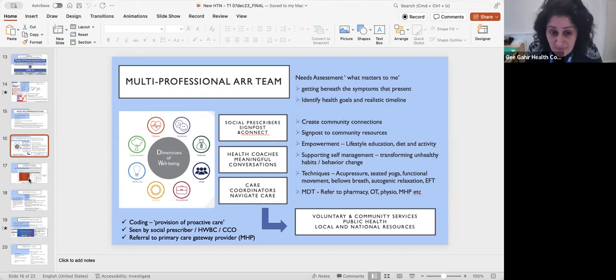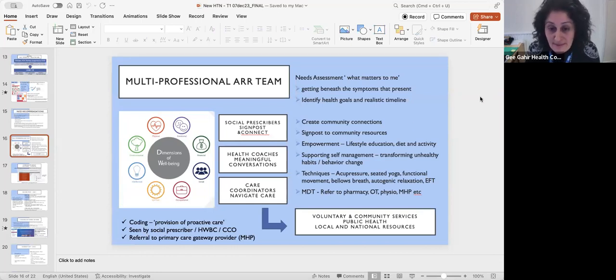Social prescribers generally signpost and connect the patient to community resources they require. That could be housing, financial assistance, isolation, or transportation, but really it's getting to what that patient needs underneath to improve their well-being.